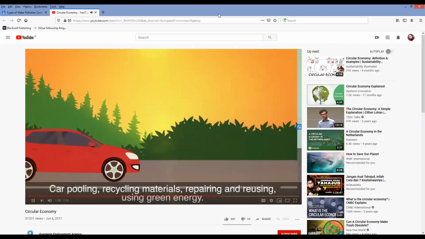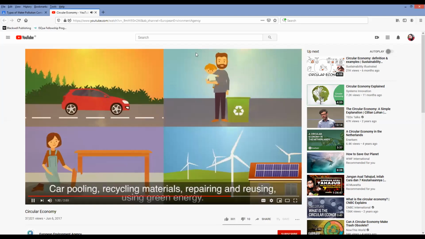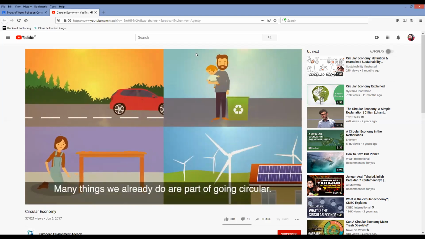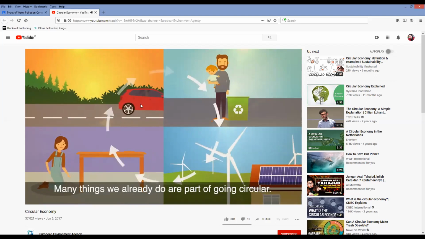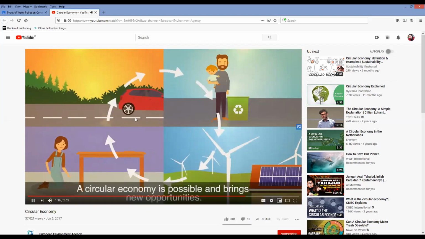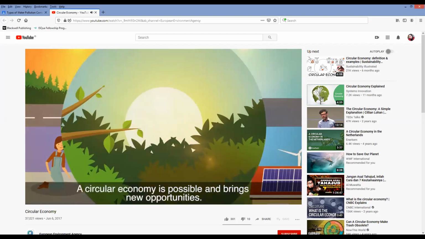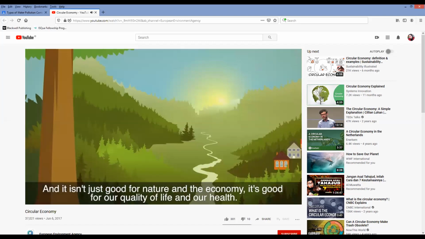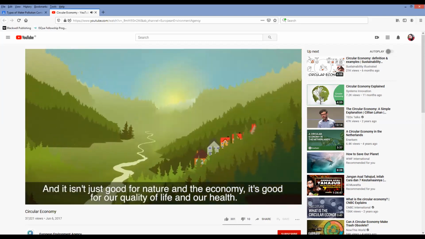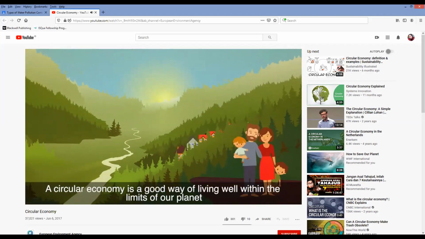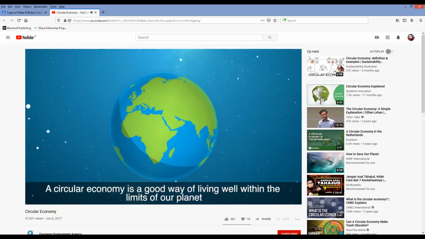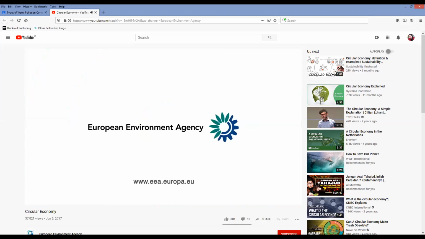Carpooling, recycling materials, repairing and reusing, using green energy. Many things we already do are part of going circular. A circular economy is possible and brings new opportunities. And it isn't just good for nature and the economy, it's good for our quality of life and our health. A circular economy is a good way of living well within the limits of our planet.